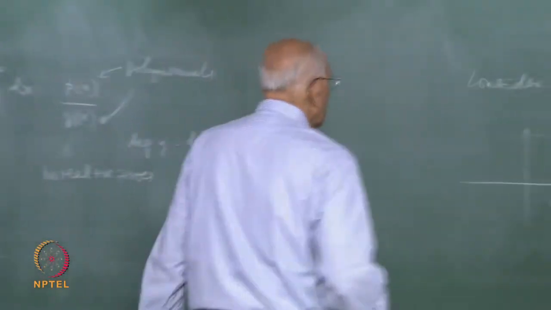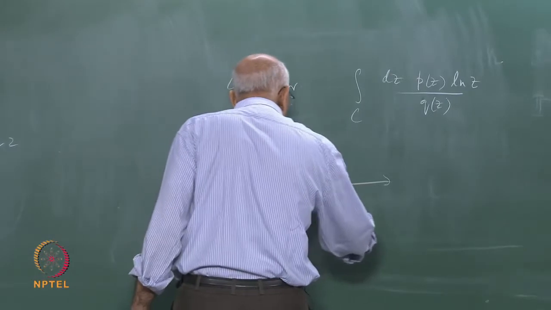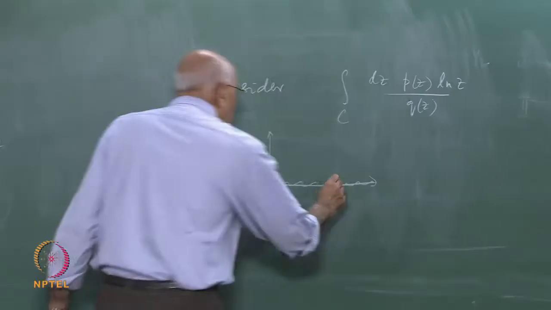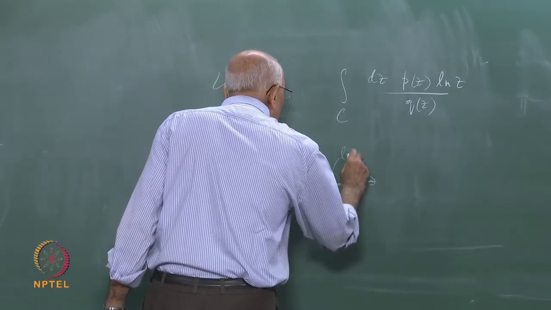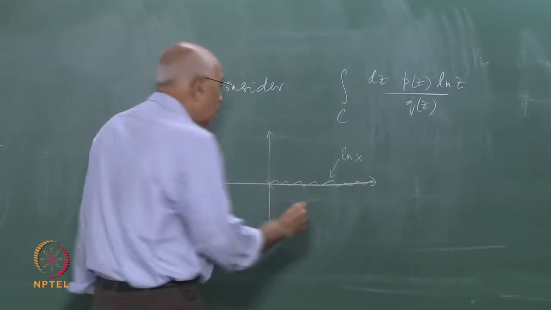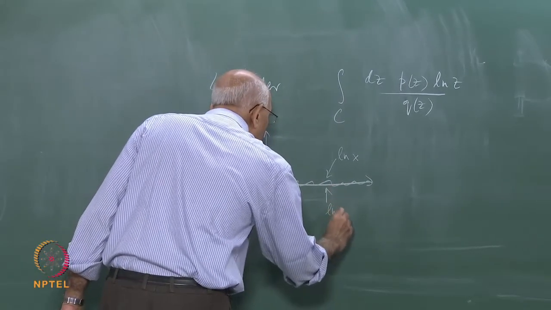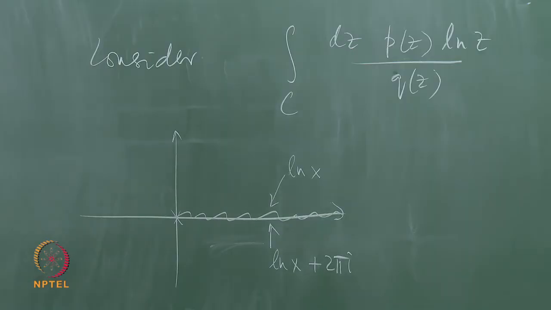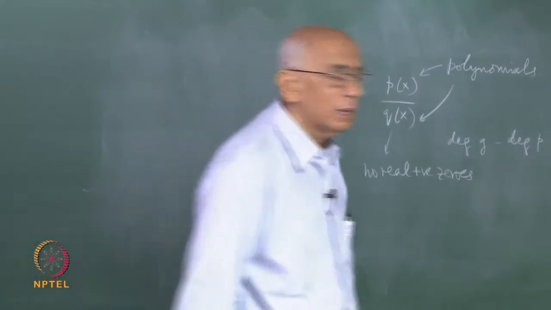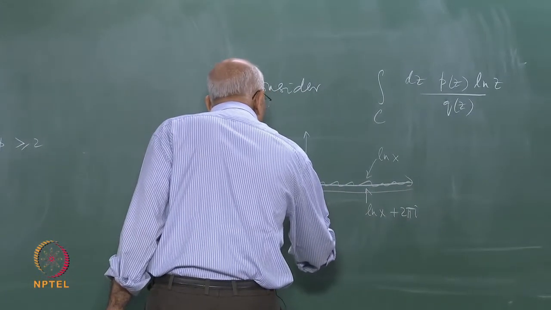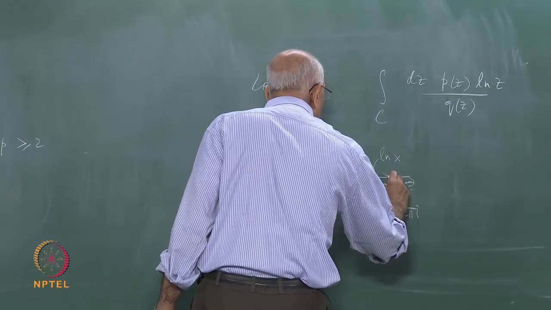So it has a cut which I choose from here to there, and out here the function is log x on top, and out here it is log x plus 2 pi I, because the argument of z has increased by 2 pi I. And now consider this contour, a hairpin contour which comes along like this and goes off to infinity.